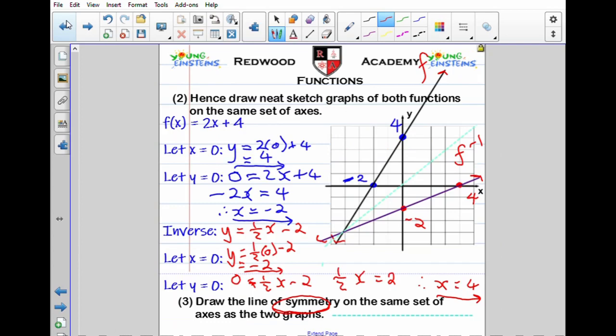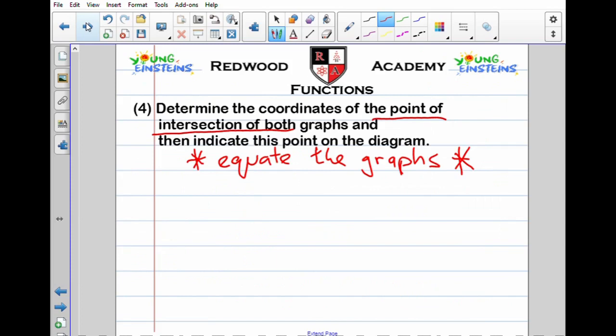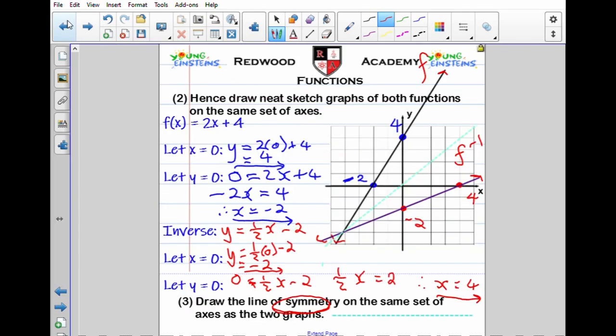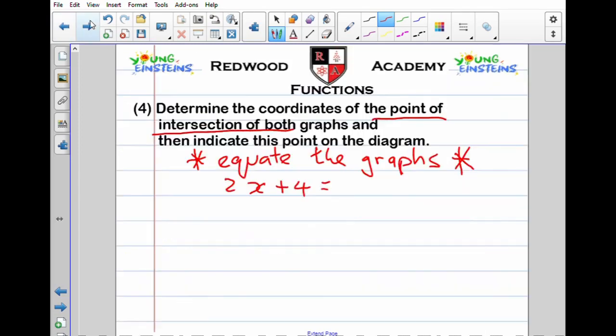So the two graphs, remember the one graph, the original, was 2x plus 4. And then the new graph, which is our inverse, was half x minus 2. And then you solve from there, right?